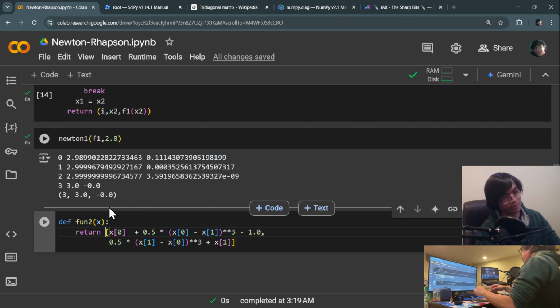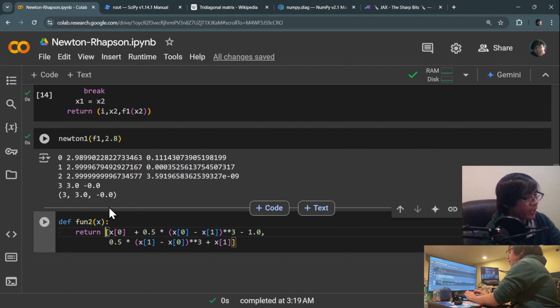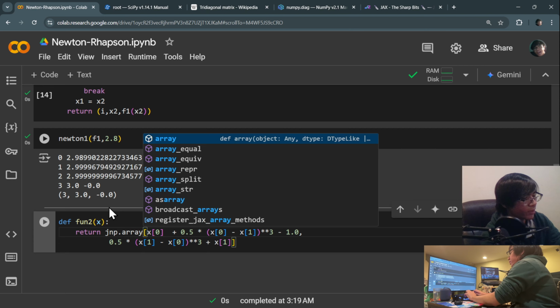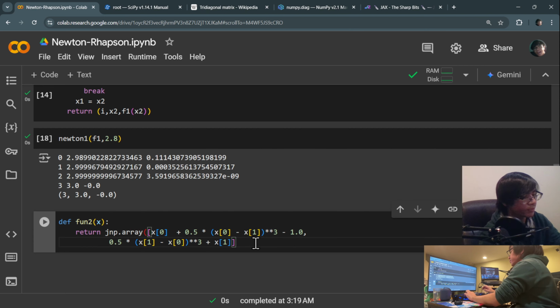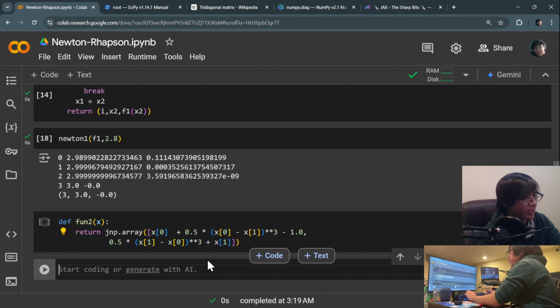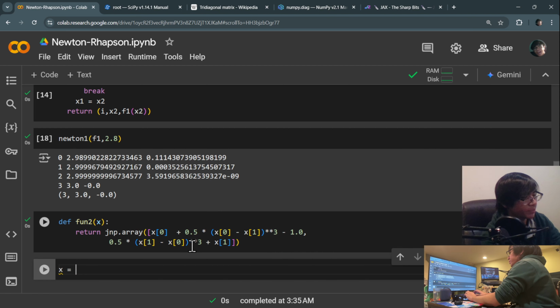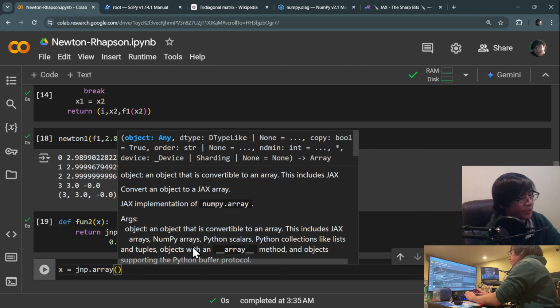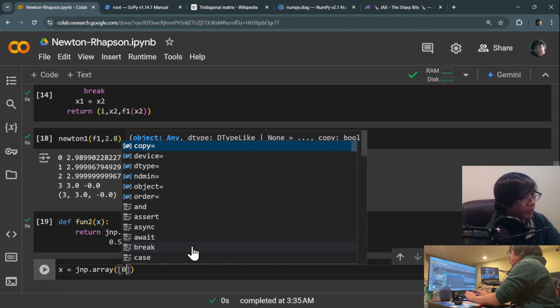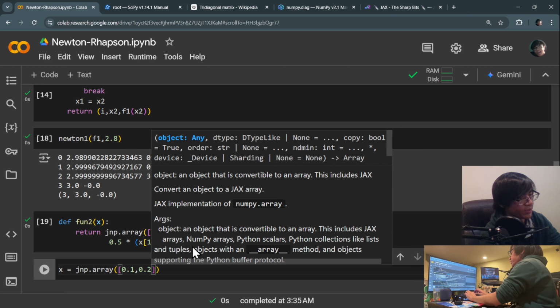So jnp array of all of that. And we'll just keep those expressions since it's harder to type them all out. And x will be a vector, do jnp array again of 0.1 and 0.2, what we used.